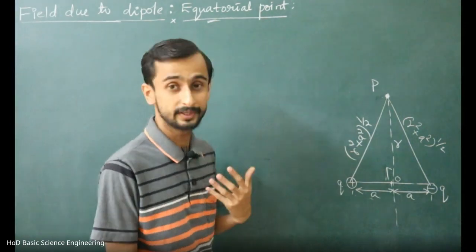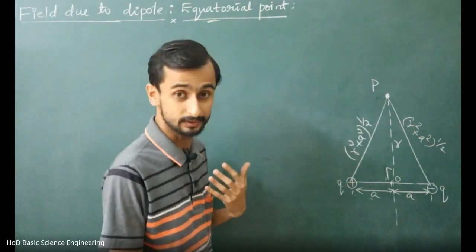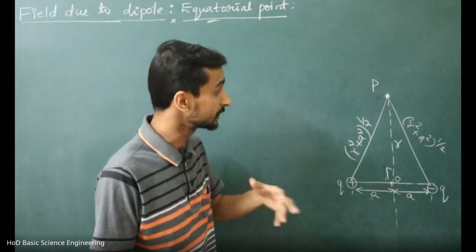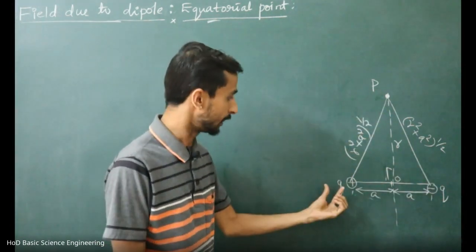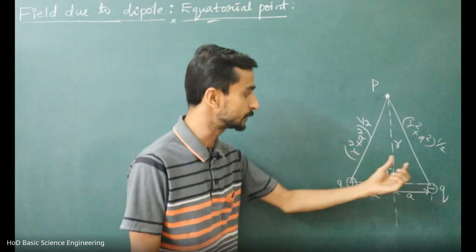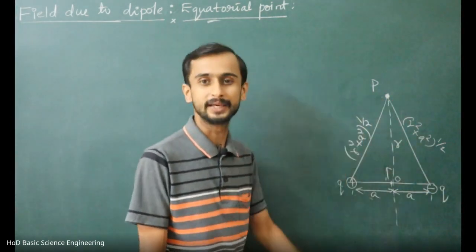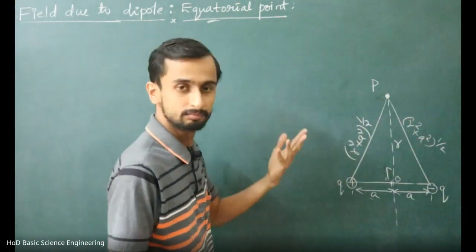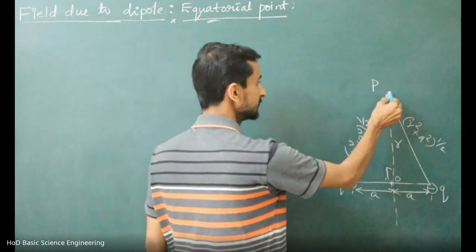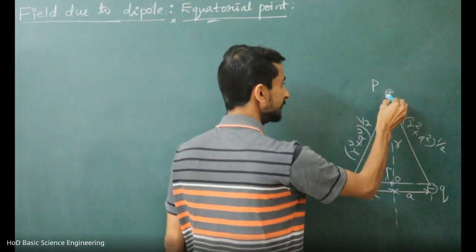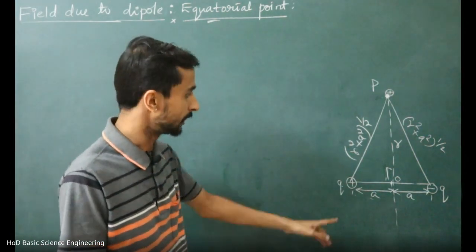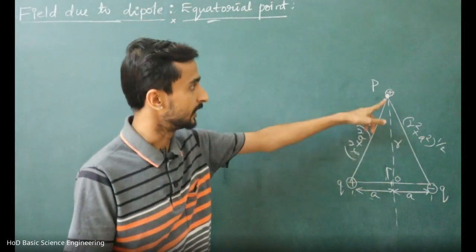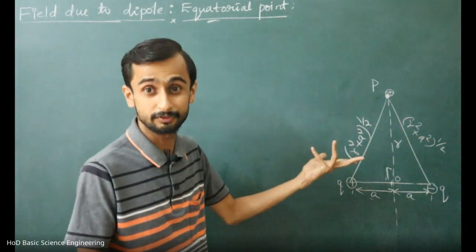Now what is our intention? We need to get an expression for electric field at P due to this complete dipole. That means we have to add the field at P due to plus q and the field at P due to minus q. What is the method? Just place a unit positive charge at this particular point. Now this one is plus and this one is plus, so there will be a force of repulsion.